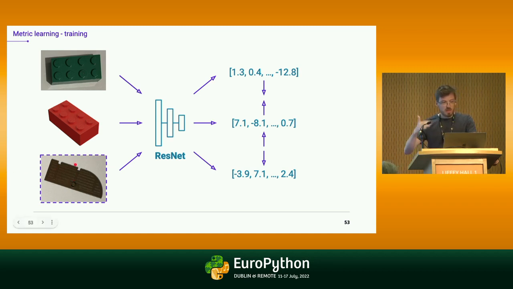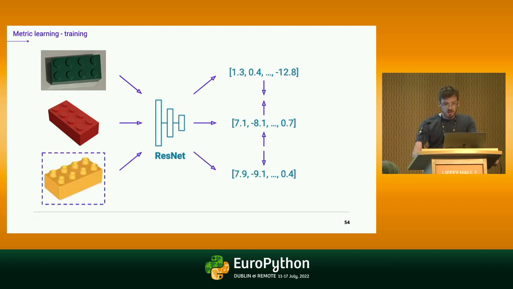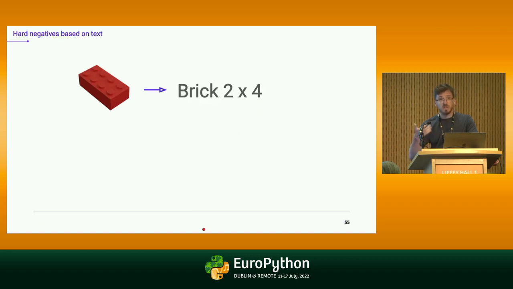Obviously, if we compare the simple brick with a door, it's easy for the model to distinguish them. But if we swap this random negative to something more difficult, the model will again learn better to distinguish those two. So how to actually sample those hard negatives?